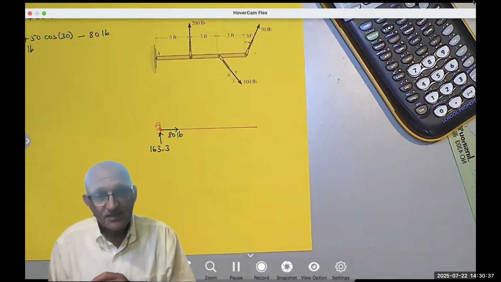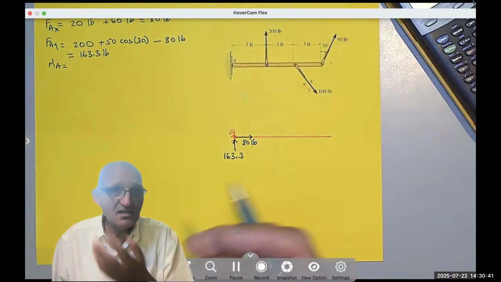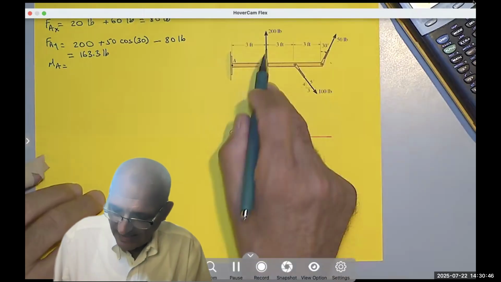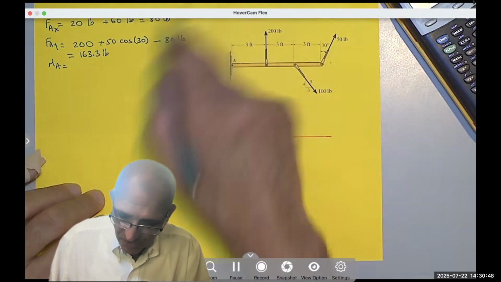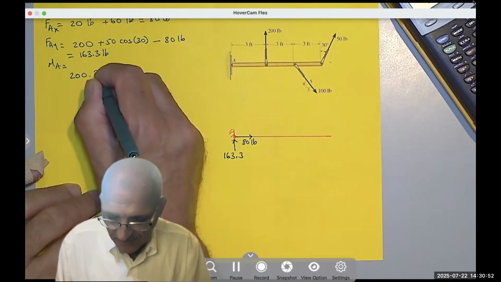Finally, I need a moment. And all the moments are in the Z direction, right? I have the 200 going counterclockwise, so it's positive 200 times 3.